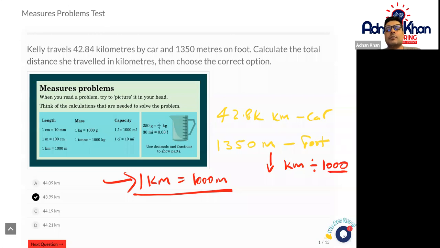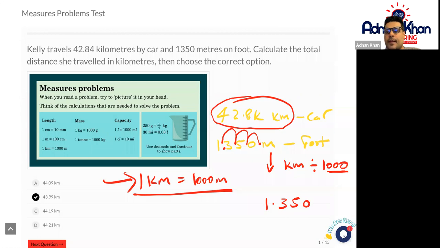So we move the decimal to the left 3 times. So we have an invisible decimal here, and we're going to divide by 1,000. So 1,000 has 3 zeros, which means that the decimal point will go to the left 3 times. So once, twice, and 3 times. So that gives us 1.350 kilometers.